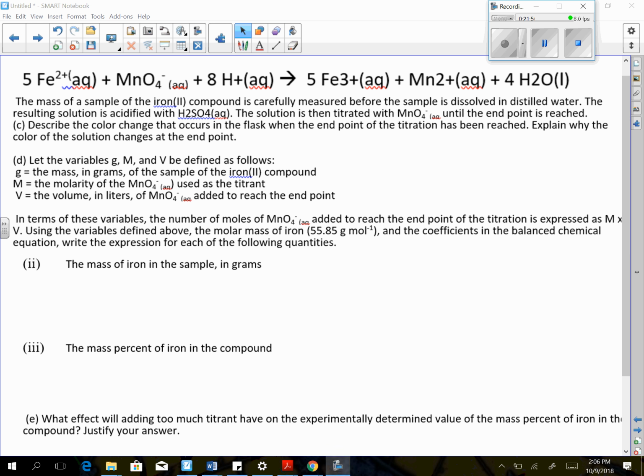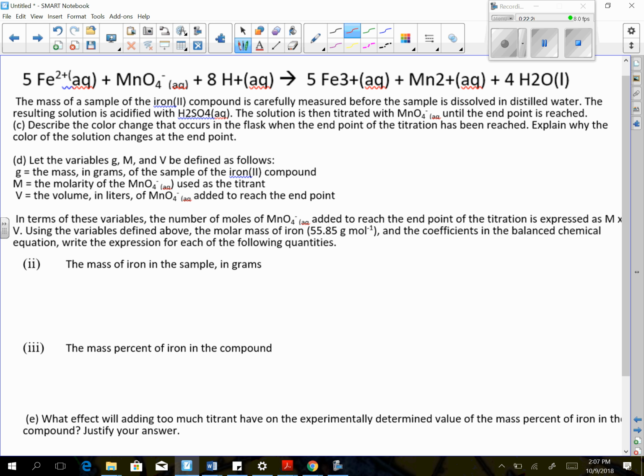So if we look at this, we have our reaction again, except now we have to find the mass of the iron in the sample in grams. This time you're going to be using G. So this time, maybe, we want G, we want the mass in grams.